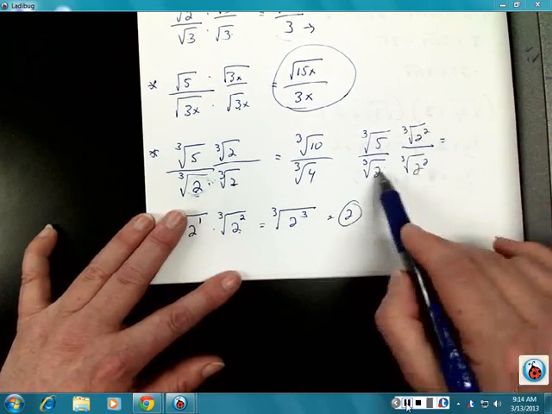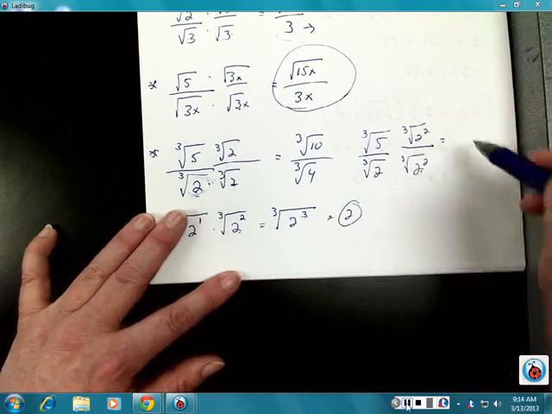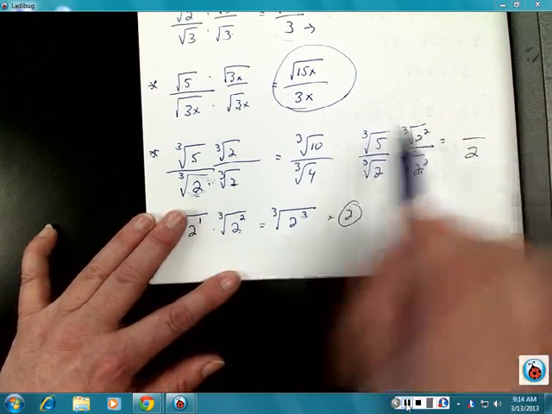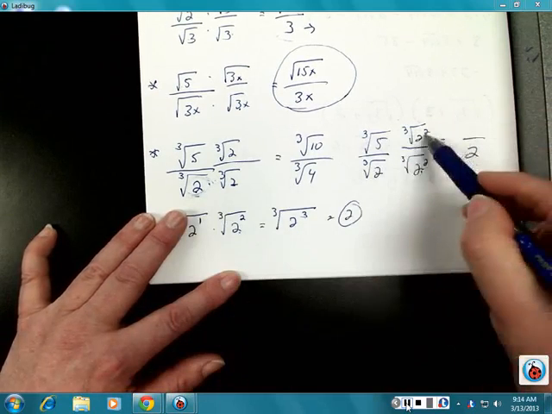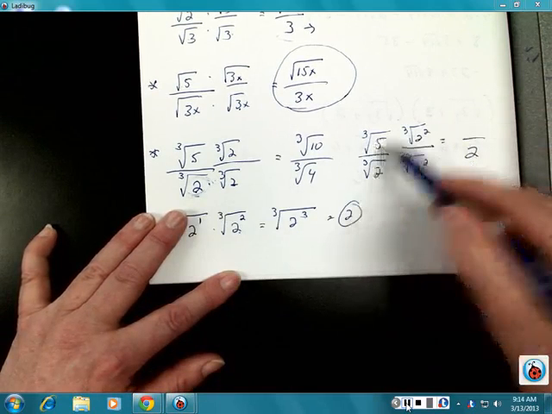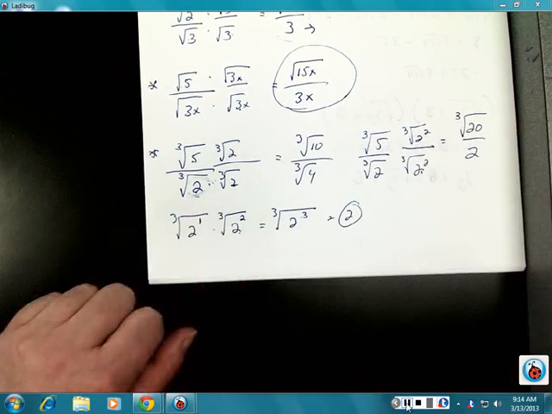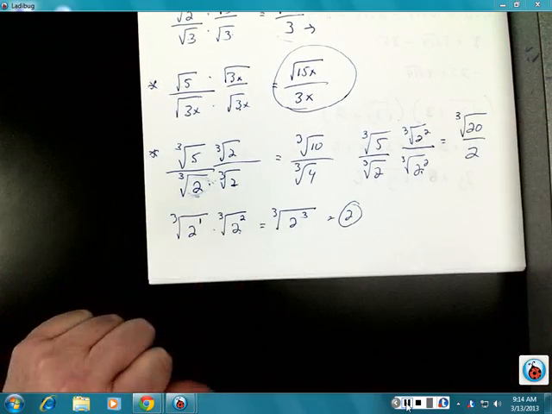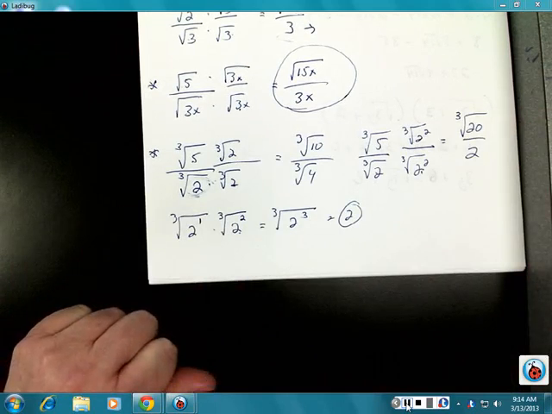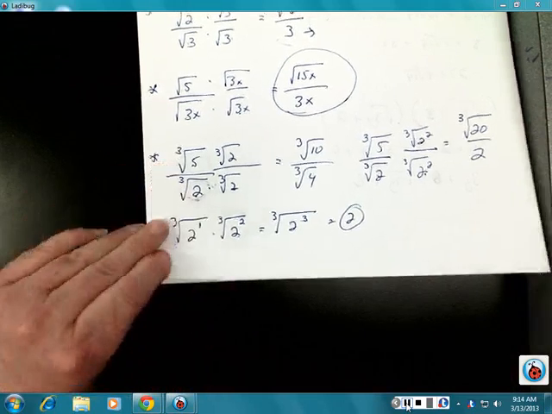So when I do that, this becomes the cube root of 2 cubed, or 2, but what's on top? 2 times 2 is 4. 4 times 5 is 20. So I would have the cube root of 20 on top. All right? But let's do some more balancing out with cubes and get some figuring out what we got to do with those things to make them work out.